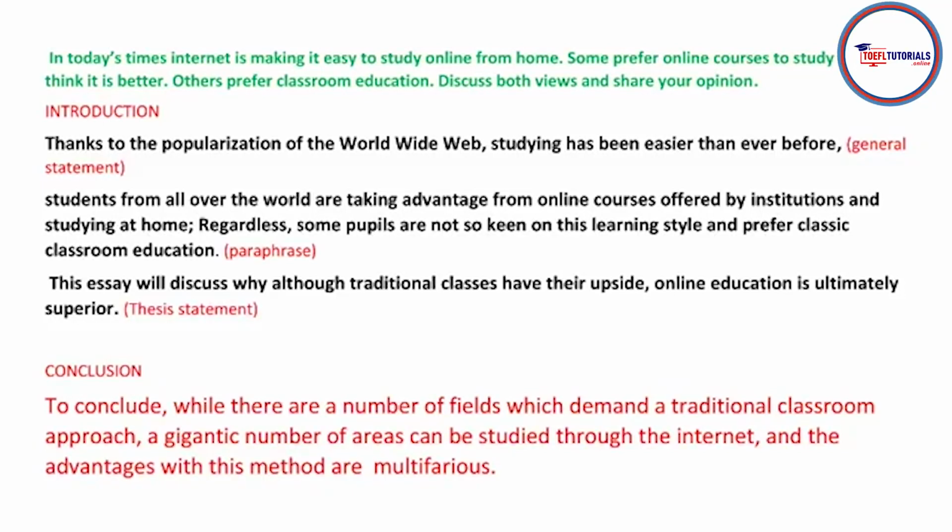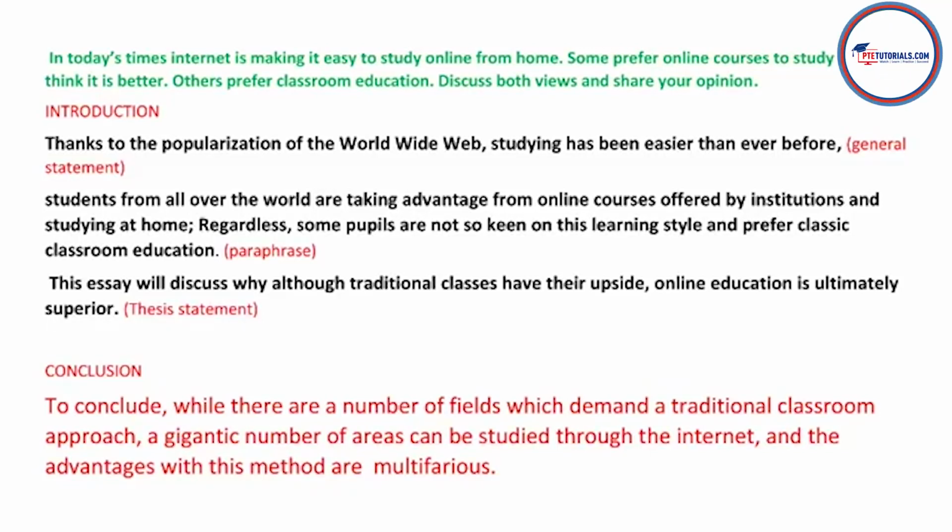Now there is a semicolon. This is very important, and you need to learn this semicolon punctuation for band 7. If you add one semicolon, trust me, you'll be getting 7. And regardless, some people are not so keen on this learning style and prefer classroom education.